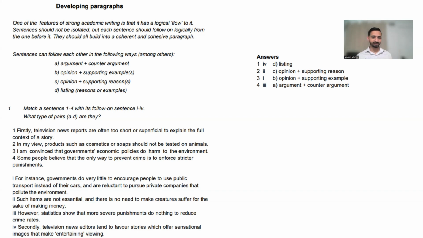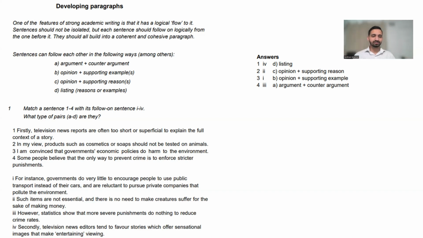You're using a referent, such, to talk about something, right? What type of sentence is this? The sentence is opinion plus supporting reason. You gave an opinion in sentence number 2, and then in the Roman numeral sentence, you're giving a supporting reason. Why do you think that?